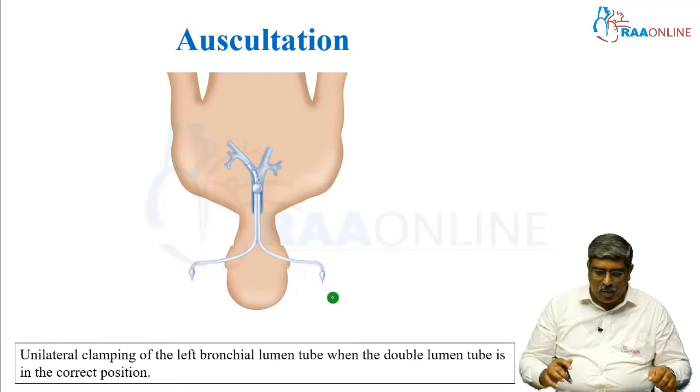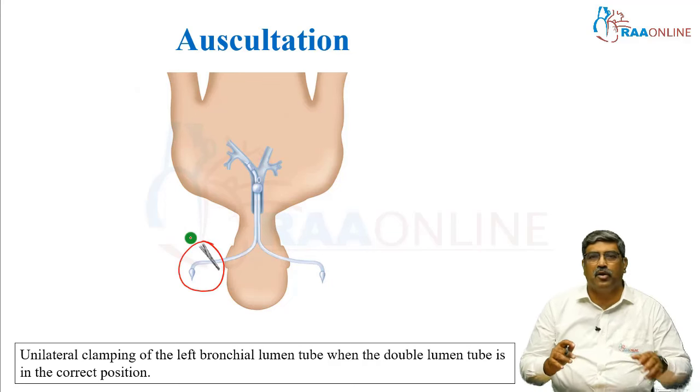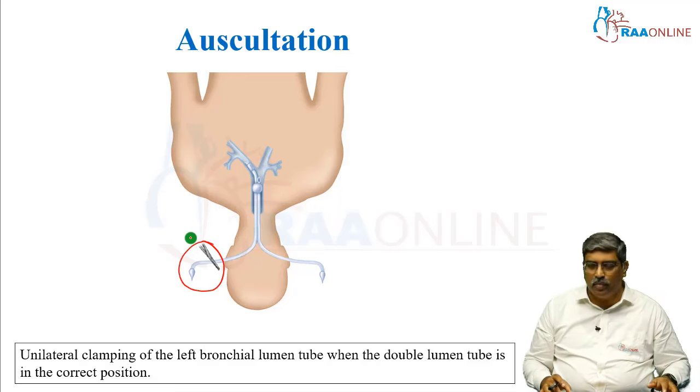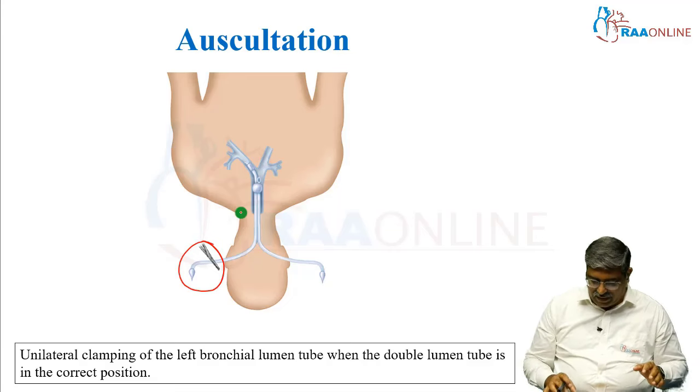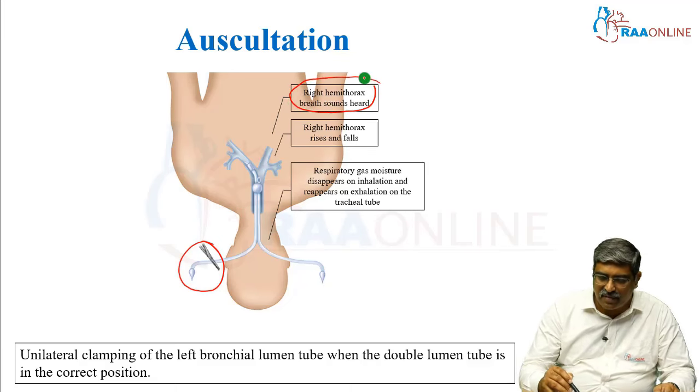Now you are blocking the left endobronchial lumen. You are occluding the left sided bronchial lumen. The trachea is ventilating. Now you can hear the air entry on the right side as the trachea is being ventilated.